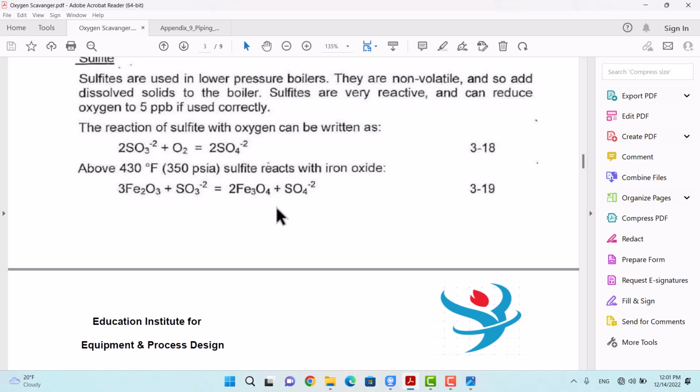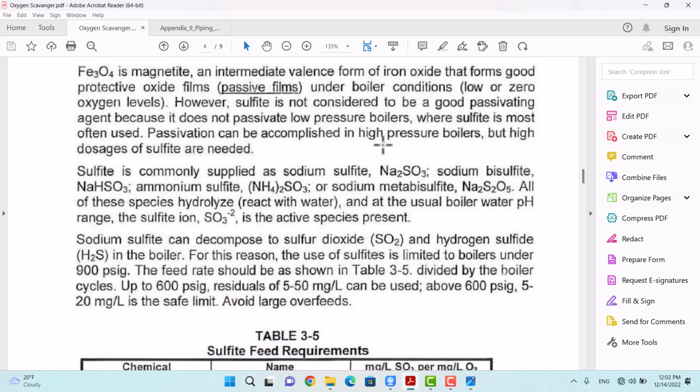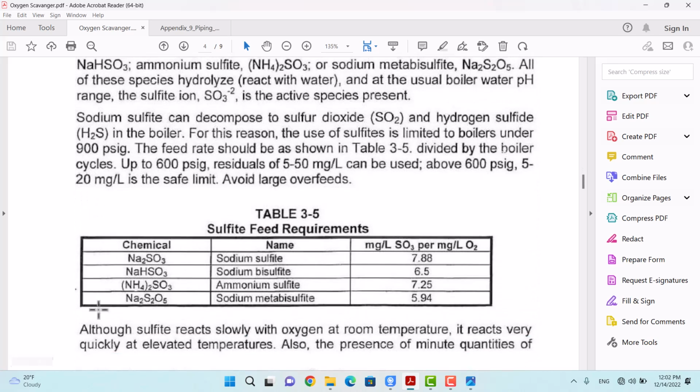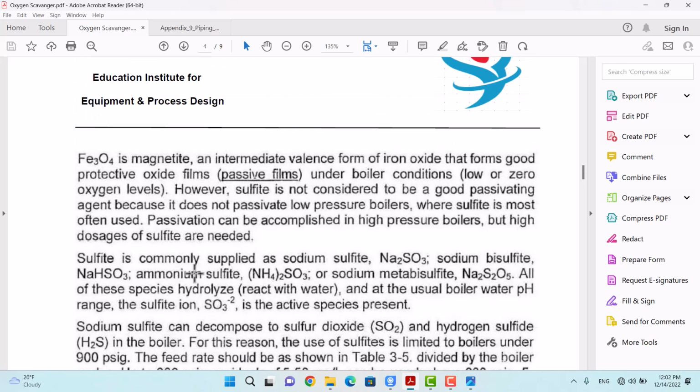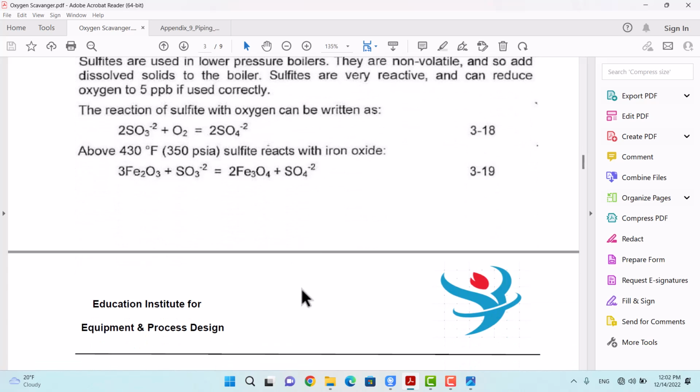Other scavengers can produce more of this layer, more of this species, therefore they can serve more as passivating agents. And of course here we have four different types of sulfites and the consumption rate of each of them required in order to lower the oxygen to 5 ppb.